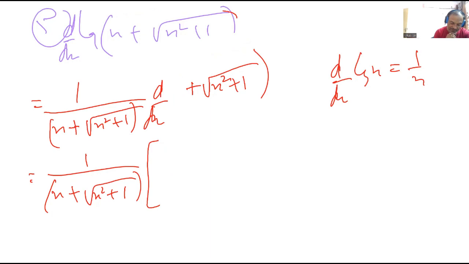Now here, what you have to do is you have to differentiate this. This is the x here. And if you differentiate x here, you will be having 1. And if you are to differentiate under root x squared plus 1, you will be having 1 over twice under root x squared plus 1.